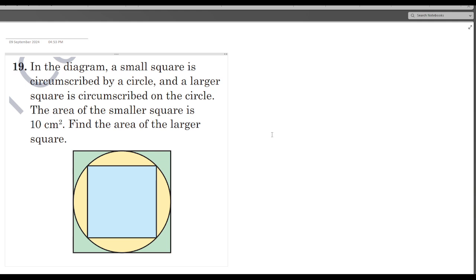Oh, wonderful question. Now you have been given the area of the inside square, which is 10 centimeter square, and you have to find the area of the larger square. For that, I need to know the side length of this outer square, or I need to know the diagonal length.